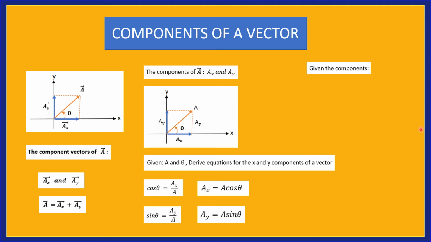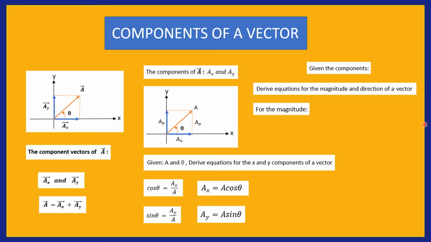Now, supposing that the components are given, A_x and A_y, how do we calculate the magnitude A and the value of theta? Theta gives us the direction of a given vector. For the magnitude, A squared equals A_x squared plus A_y squared.